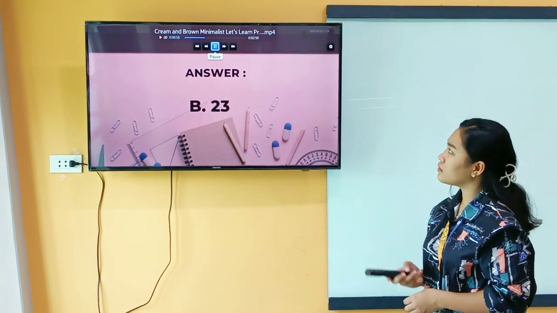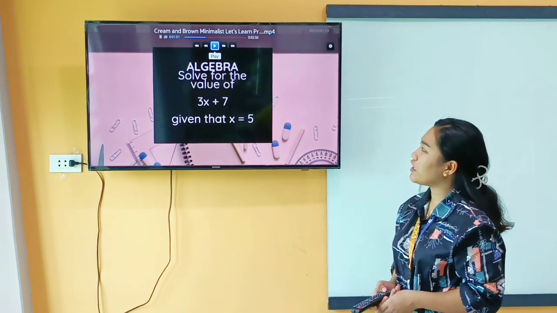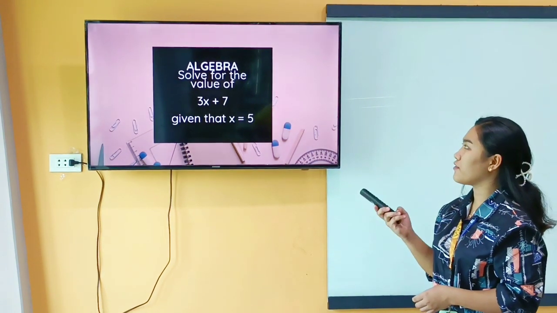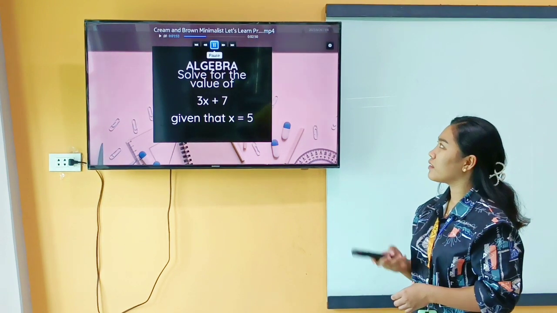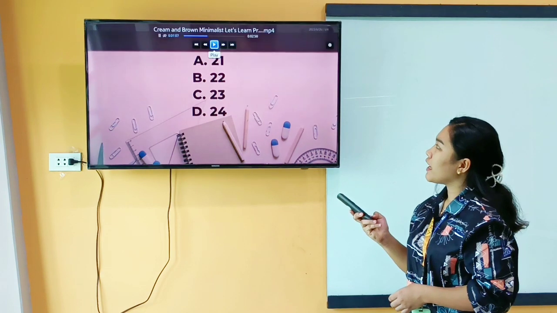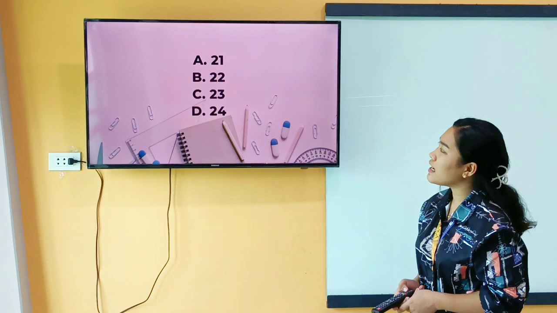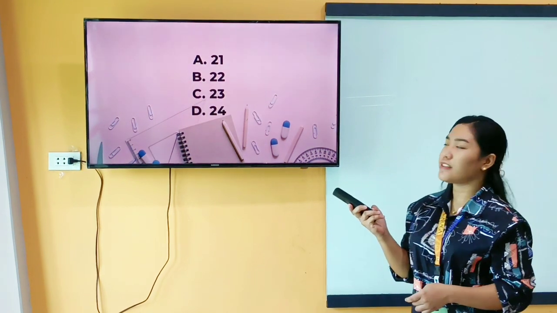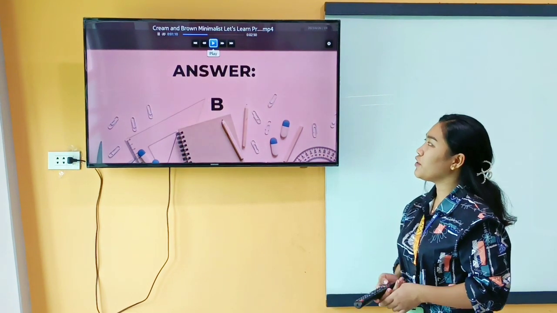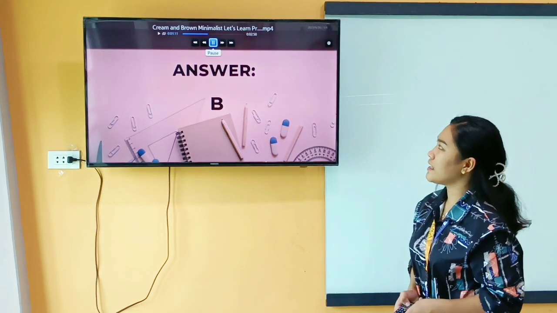Next, algebra. Solve for the value of 3x plus 7, given that x is equal to 5. A is 21, B is 22, C 23, D 24. Choose your answer. Very good. The answer is B. Next.